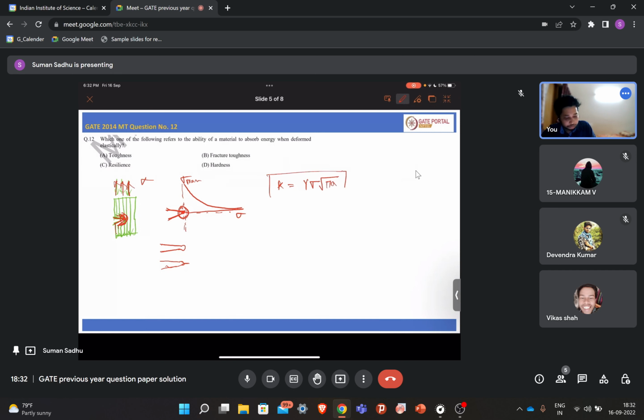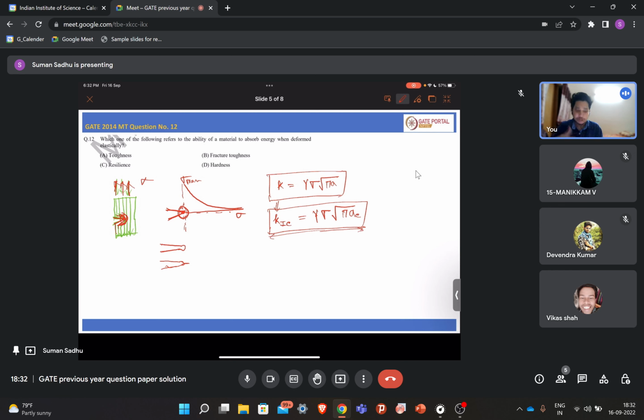So now this stress intensity factor, when it reaches its maximum value, when failure will occur, it is termed as K1C, because this mode of loading is 1. K1C will be 1 into sigma root over pi into a_c, that is the critical length. When the crack reaches a critical length, then your sample will just fail.